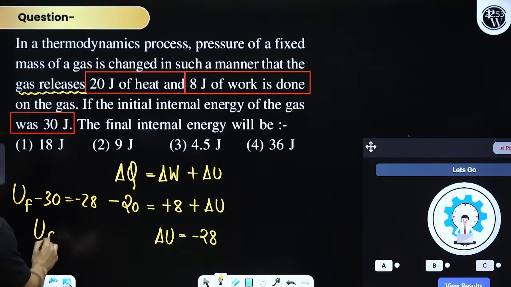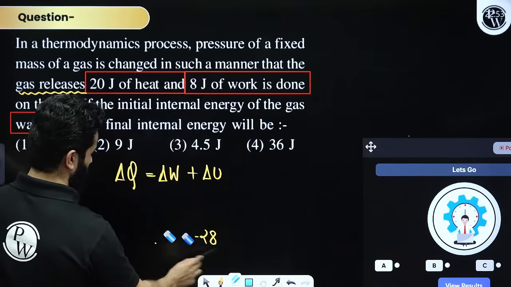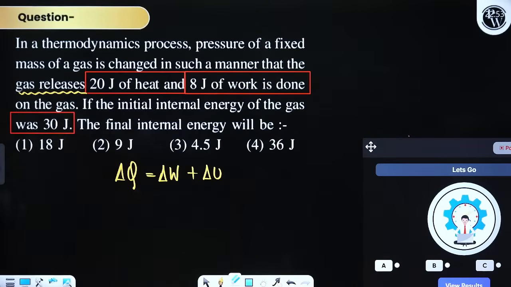So U final will be... is there any trouble? Hopefully no doubt in the question. Let me check the question first. The question is all sorted.